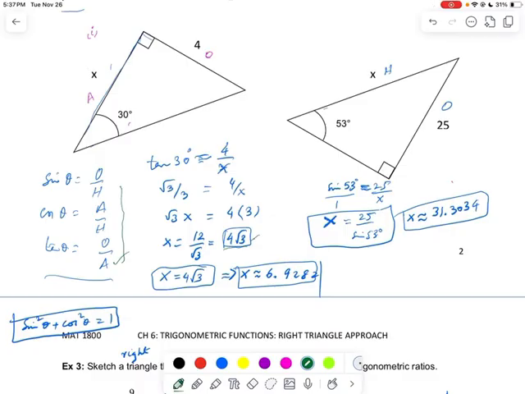So if you notice, the given side is the opposite side, the 4, and the X side is the adjacent. So this is opposite O, and this one is A, and this is our angle 30 degrees. So O and A, which ratio uses O and A?